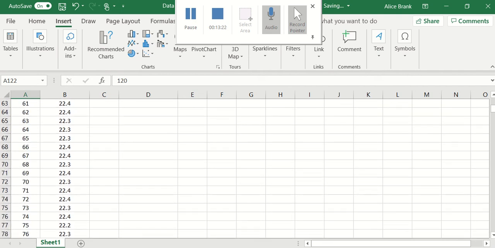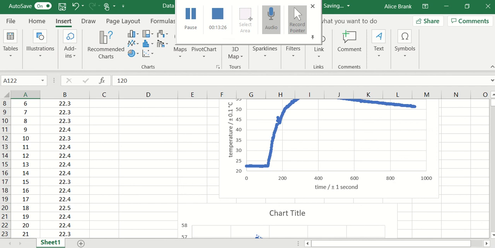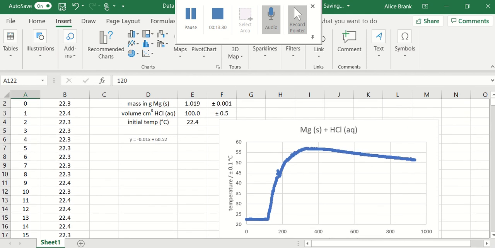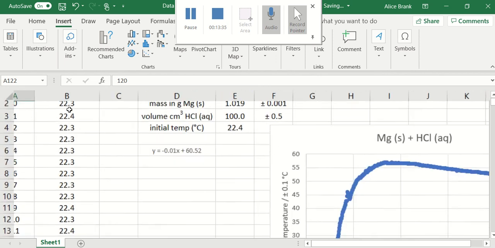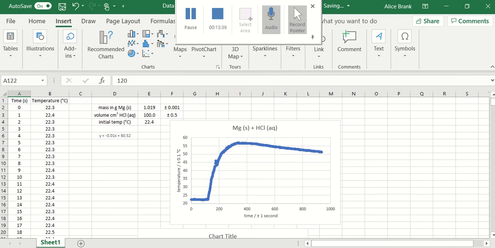It did. So what we're going to do, we know our initial temperature. That's that equilibrated temperature of our hydrochloric acid before the reaction started. What we're going to do now is take our linear fit and extrapolate to find the maximum.